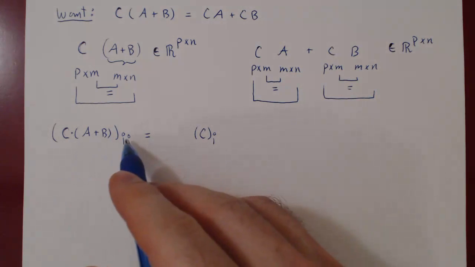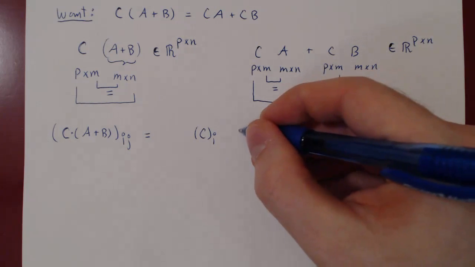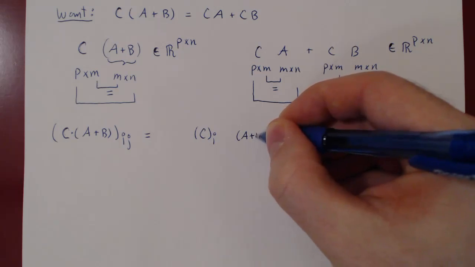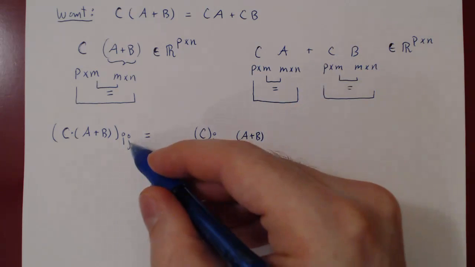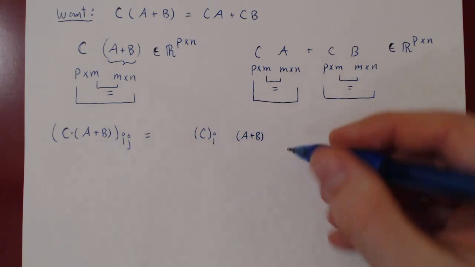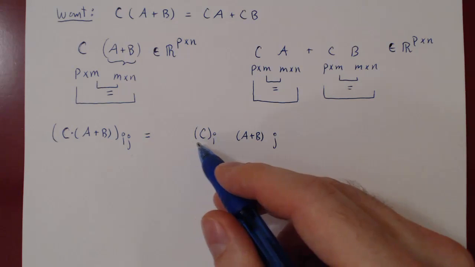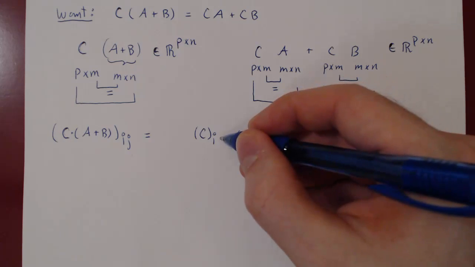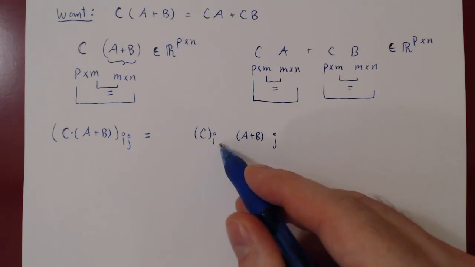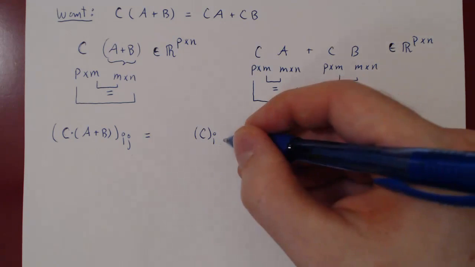the entries in the jth column of A plus B. So here be careful. Since we take the jth column of A plus B, that is our second index. And how do we multiply a row times a column? We multiply corresponding entries, so 1 with 1, 2 with 2, 3 with 3, so in general, k with k.